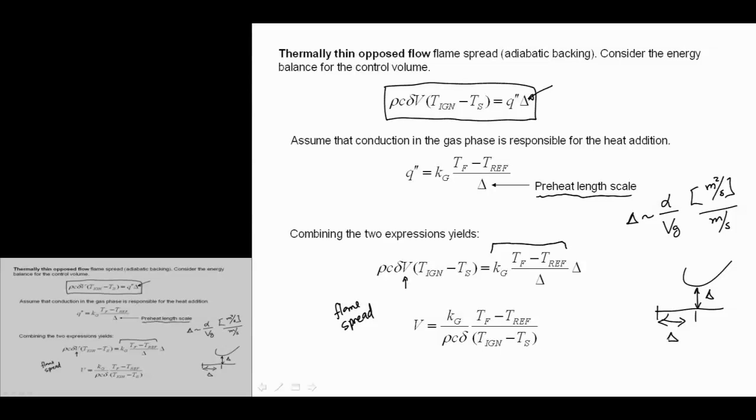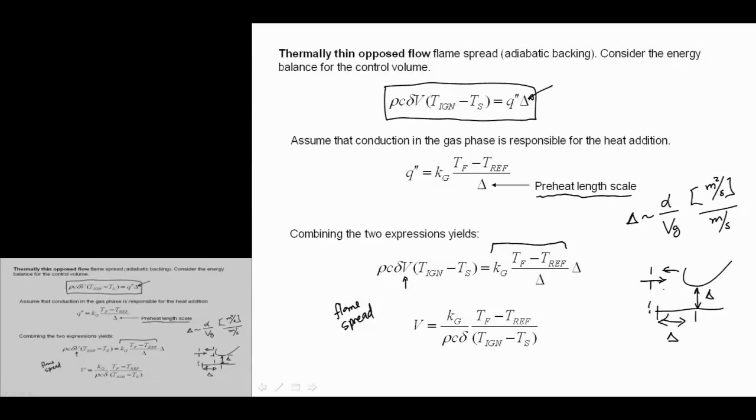Sort of more intuitive, or certainly I think clearer, is this interpretation that we're heating up the gas that's coming into the flame by conduction, but it's opposing the diffusion. And so if this gas layer has sort of the same length scale as the heating process happening here, that's the justification why delta is the same on both sides.